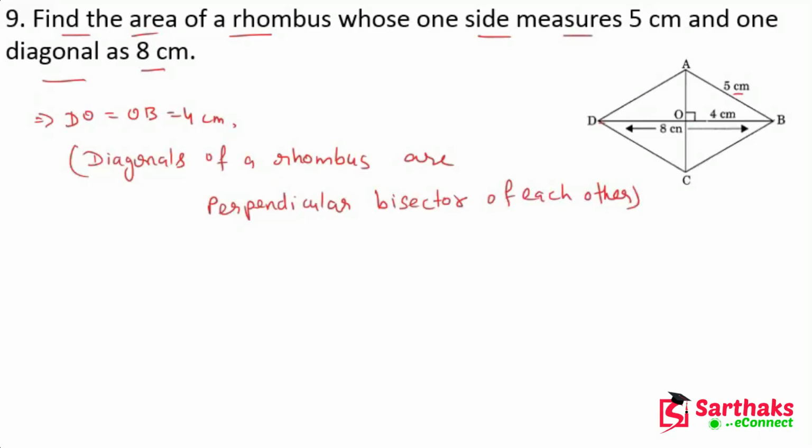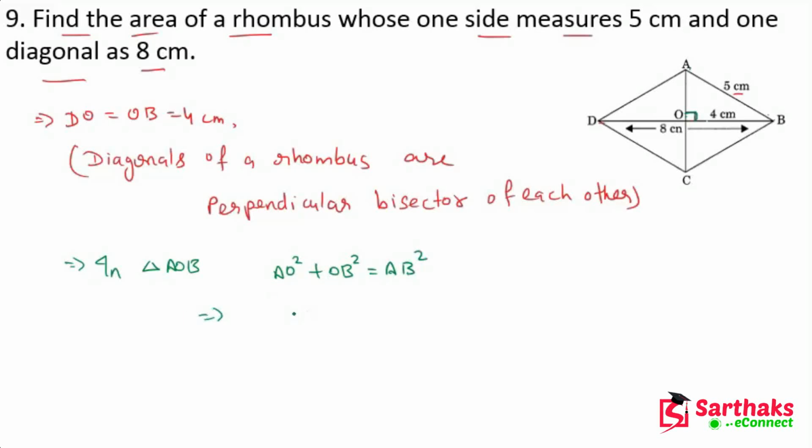Understand? Yes. Now here in triangle AOB, we know that this is 90 degree, so we can apply the Pythagoras theorem. So we can write AO square plus OB square is equal to AB square.